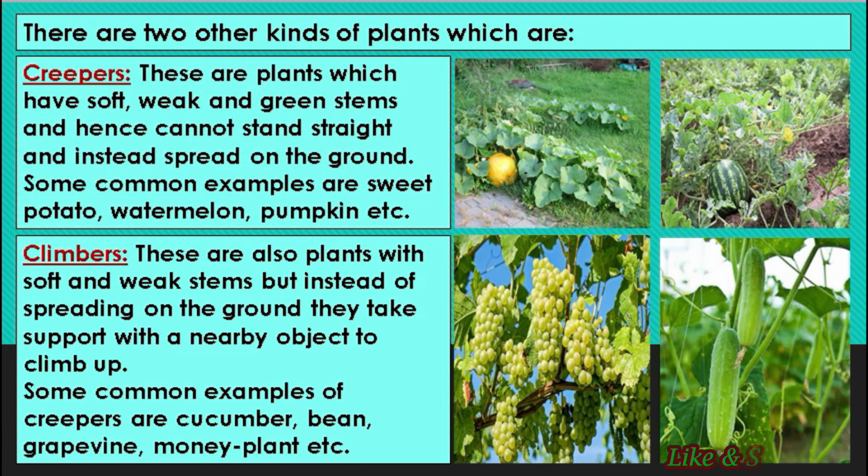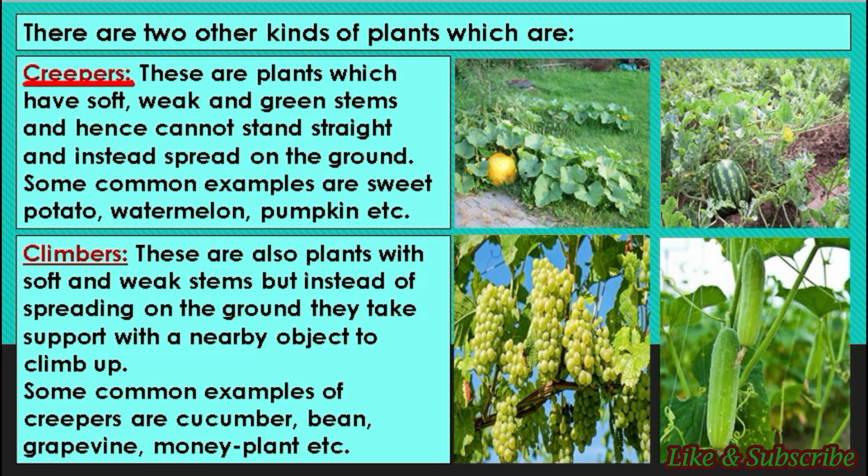Students, there are two other kinds of plants as well. The first one is creepers. Students, creepers are those kinds of plants that have a weak stem and grow along the ground, around another plant or up a wall by means of extending stems or branches.